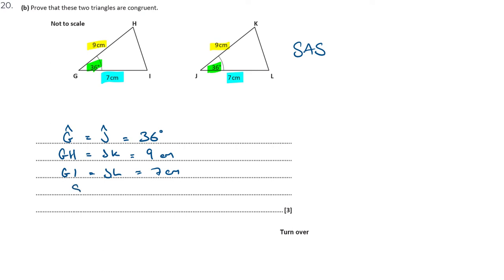Okay, SAS, side, angle, side, so the triangles are congruent. Okay, that's good enough.